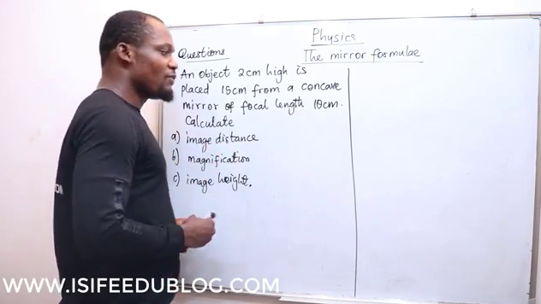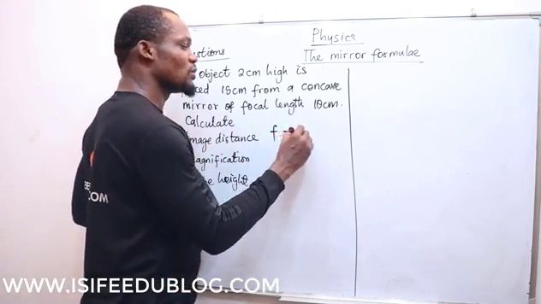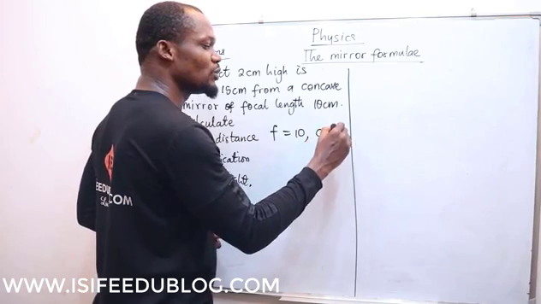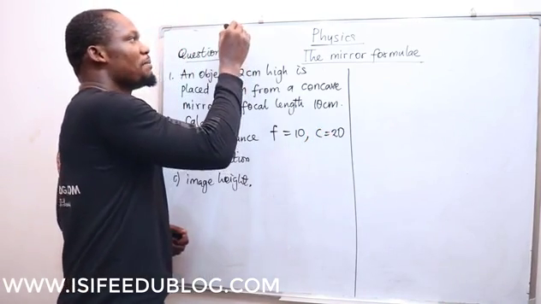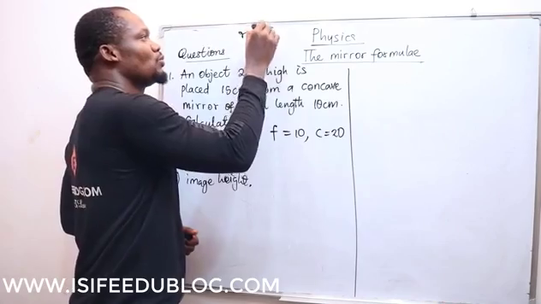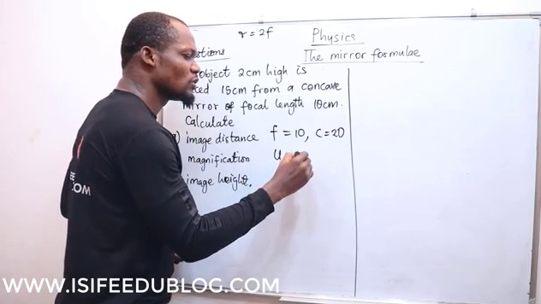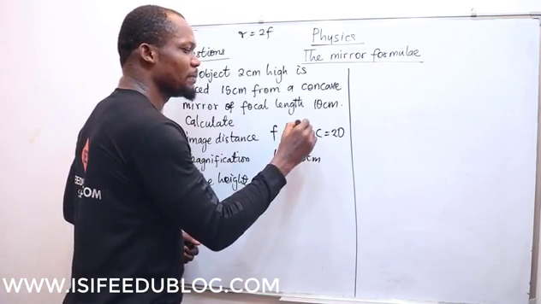Now watch. The focal length F is what? 10. That means that the radius of curvature, which is at C, is going to give us 20. Remember that R is equal to 2F. Now the object distance is what? 15 cm.